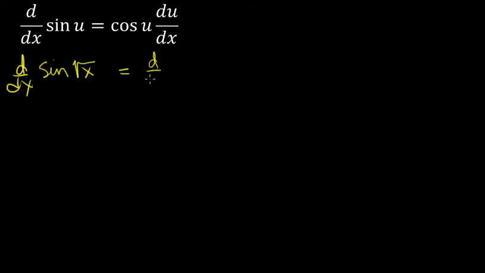If you want to write this differently, use exponents for the square root. It's the sine of x to the 1/2. Maybe you can see the inside and the outside function better.